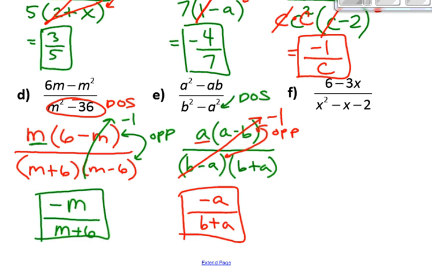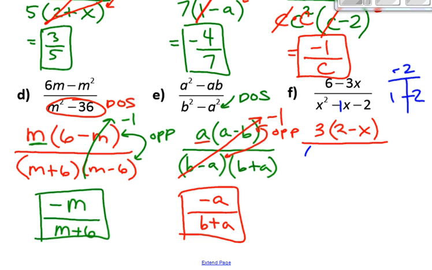Final question, almost done. In F, we have 6 minus 3x. The common factor is 3. When I factor that out, you get 2 minus x. In the denominator, that's a trinomial, so we factor with the AC method. So the a times c is negative 2. Factors of 2 are 1 and 2. To make negative 1, that means the 2 has to be negative.